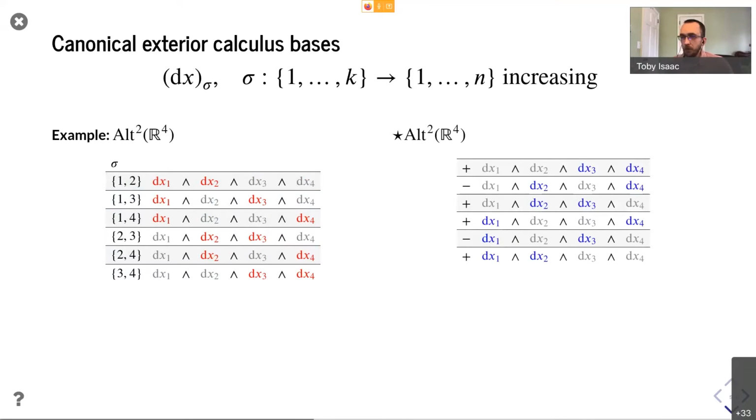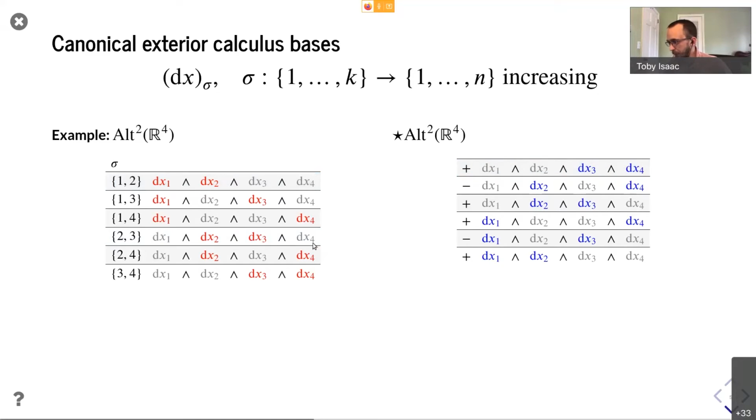And then when you apply the Hodge star, you can think of it as mapping every one of these wedge products to the omitted indices. So it's going to send dx1 wedge dx2 to dx3 wedge dx4 and so on.